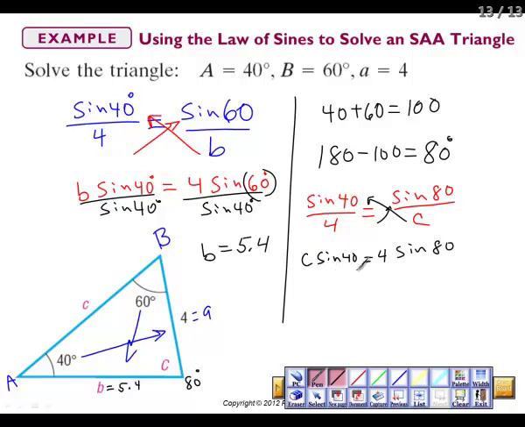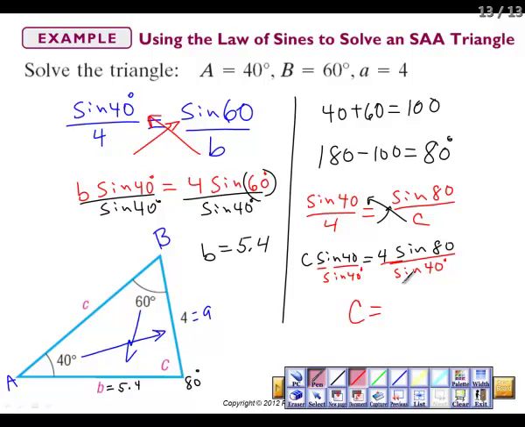And so we divide sine 40 degrees to both sides, and we get side C equals 4 sine 80, close it, divided by sine 40.